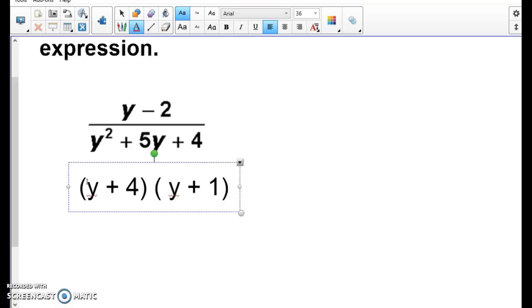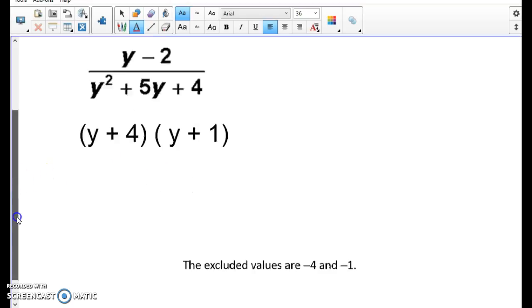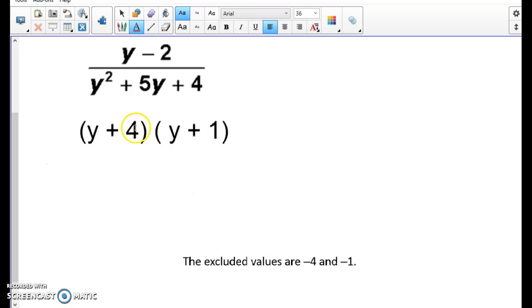Remember, we're going to set both of these equal to 0. So it's going to end up being -4 and -1, because -4 plus 4 is 0, so then 0 times whatever this is, it doesn't matter, is going to be 0. And then -1 plus 1 is 0, so again, whatever this is, times 0 is going to give us 0. So we're finding which answers cannot make the denominators 0.